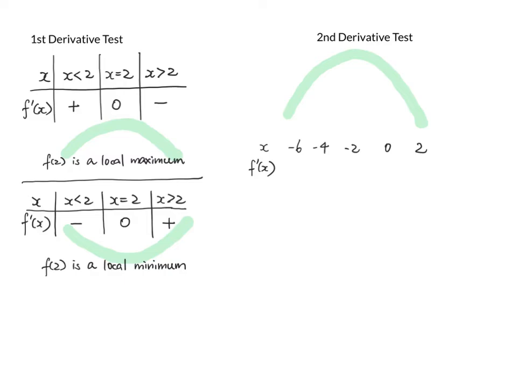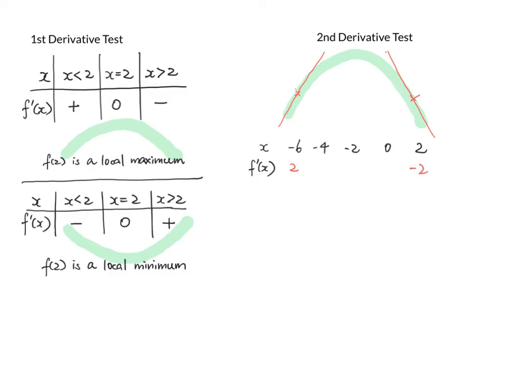The slope here, say at x equals -6, the slope of the tangent would be like this, say 2, okay? And because it's all symmetric on here, this would be -2 for the slope.